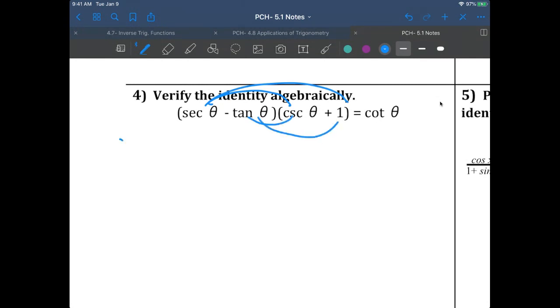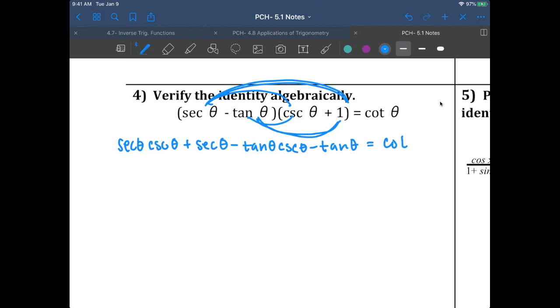Okay, so I get secant theta times cosecant of theta. And then I did secant theta times 1 minus tangent theta times cosecant theta. And then tangent times 1 minus tangent theta is equal to cotangent theta.